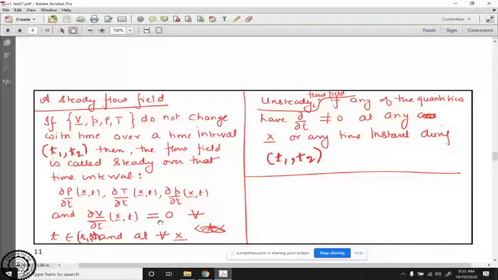okay, then you can say that this flow field is steady from 5 seconds to 10 seconds. Okay, but all of them, these should be zero and at all locations. That's what I have written here. For all t element of t1, t2 and at all x.